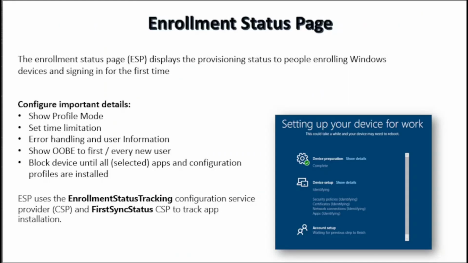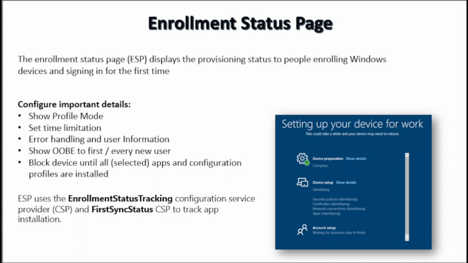Now let's discuss the enrollment status page. The enrollment status page is a very important page in Windows Autopilot, which displays the provisioning status to the person who is enrolling the Windows device as well as signing in for the first time. We can configure the enrollment status page to block device use until all required policies and applications are installed on the device.